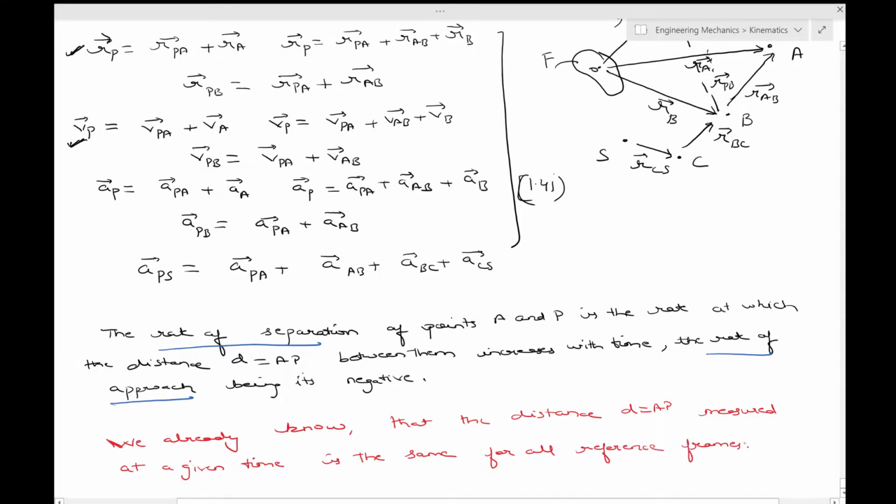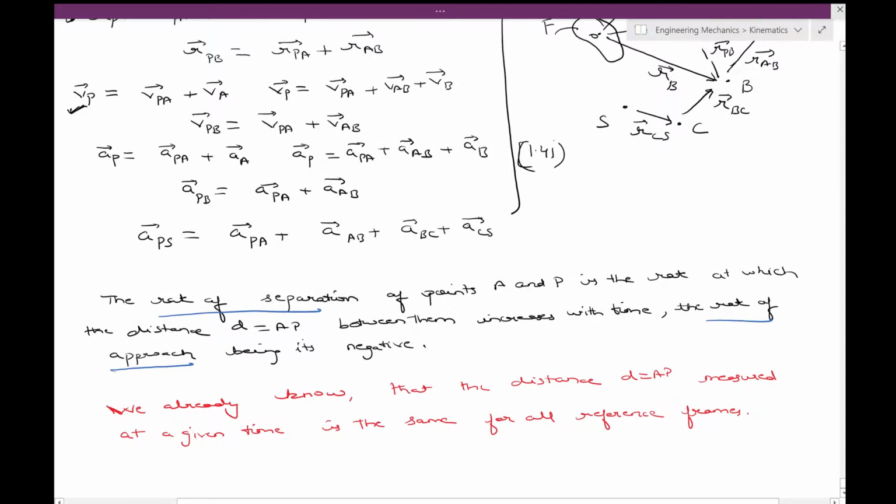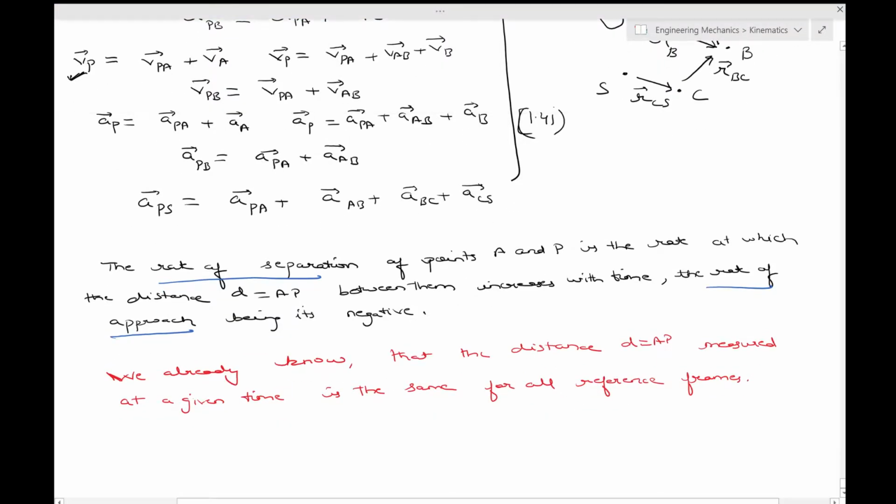Now I say that we already know, but at this point you should be able to recall how exactly we know that this distance will be the same in all reference frames. If you cannot recall, you have to go back to these discussions which we have had and find that exact place where we show that this distance D at any given time will be the same for all reference frames.